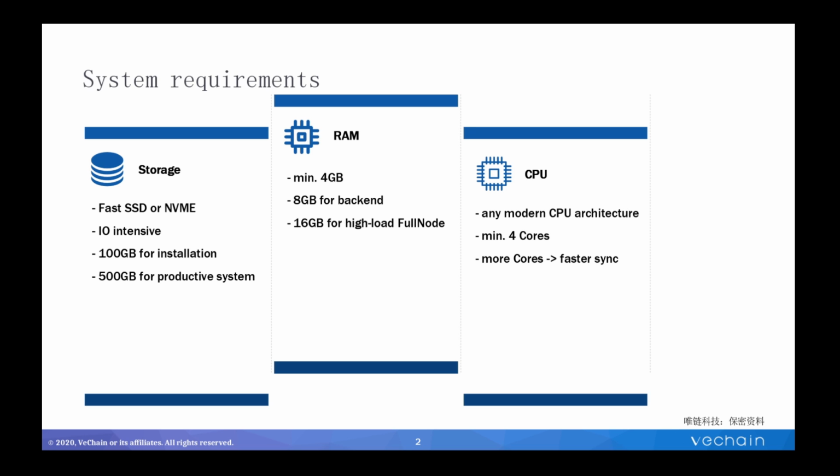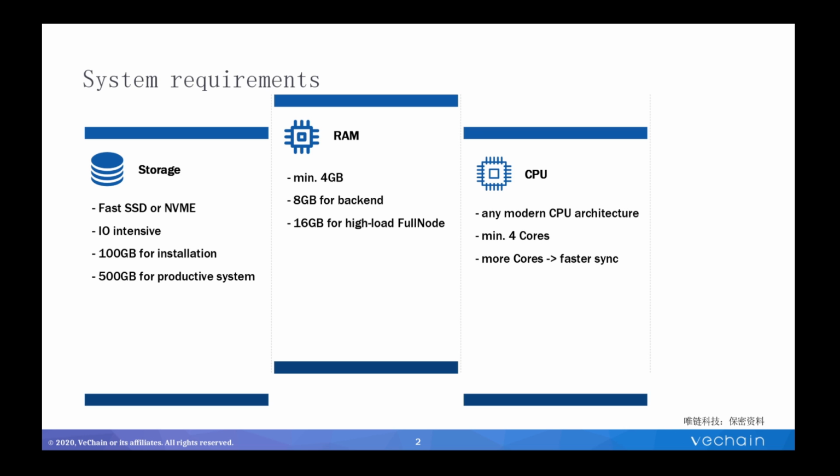You have to have 100 gigabytes available if you want to run a VeChain node, because the 100 gigabytes will be completely consumed with blockchain data once your first synchronization is done. We now have about 8 million and something blocks on the chain, and these 8 million blocks require those 100 gigabytes.